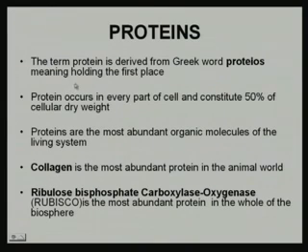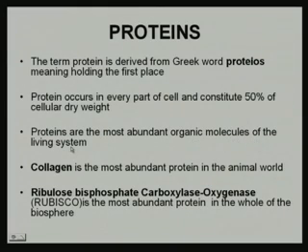Now the term protein is derived from the Greek word proteos, meaning it is holding the first place. Protein occurs in every part of the cell and it constitutes 50% of the cellular dry weight. Proteins are the most abundant organic molecule of the living system.